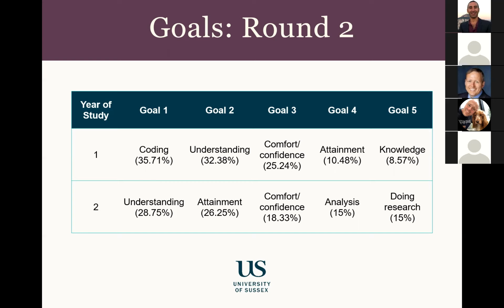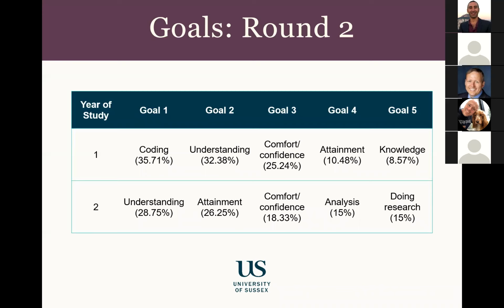And there's been a little bit of an upset, as you can see. Coding has really jumped to the front for first years, that's the thing they're most interested in, with understanding and comfort confidence still right at the top there. For second years, understanding is still at the top, but attainment is creeping its way more and more prevalently and more of a focus.